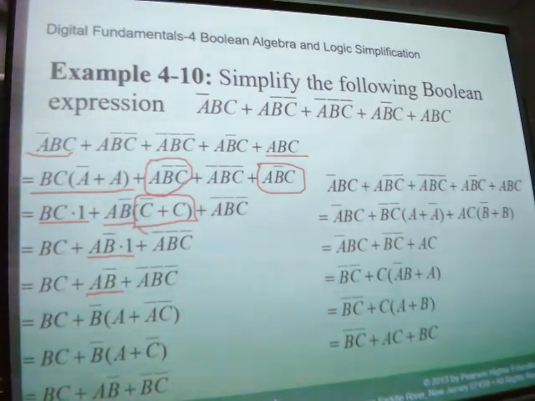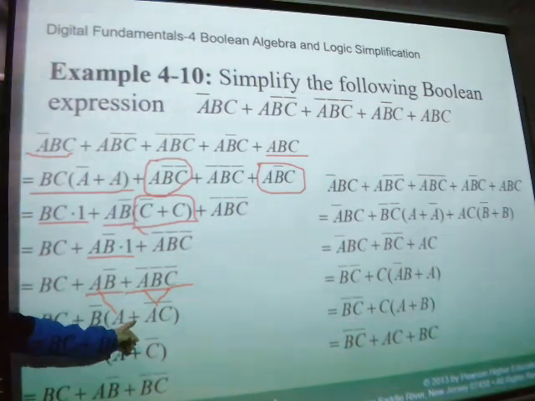So we also find that AB bar and A bar, B bar, C bar have common factor B bar. So the B bar is the common factor. Then they can be written as B bar and A plus A bar C bar, right?